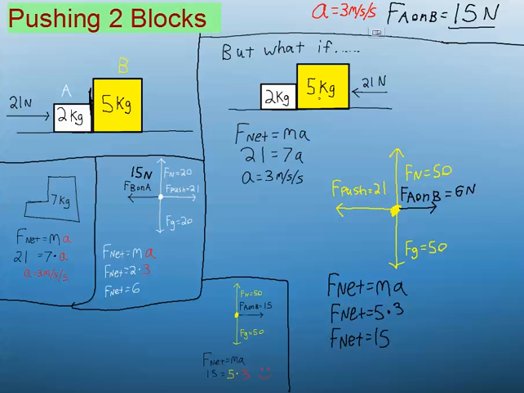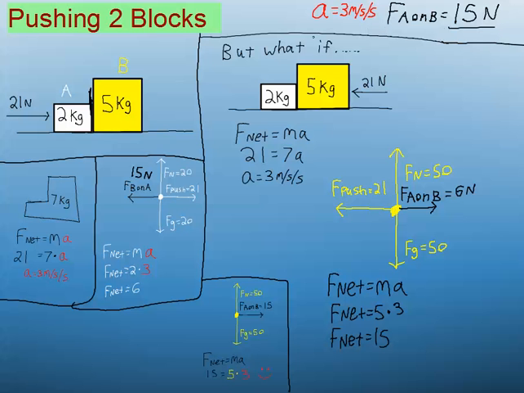Now, if you look at the example on the left, you have 21 total newtons of force, and it's sort of like some of them are going to accelerate the 2 kilogram, and some of them will be used to accelerate the 5 kilogram. It's like they're getting distributed. Now, the contact force between them is the agent that does that distribution. So in this case, most of those 21 newtons have to be transmitted on through to the yellow block.